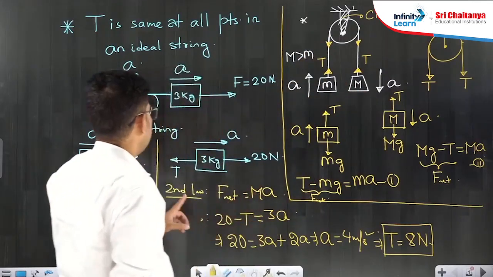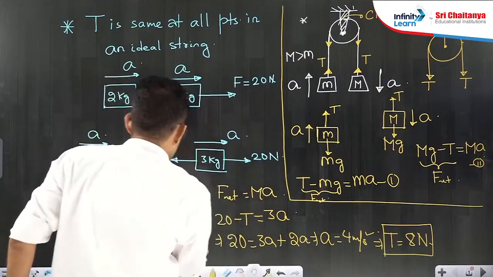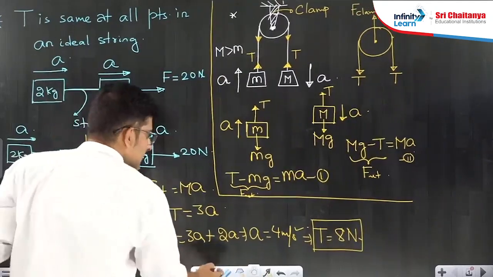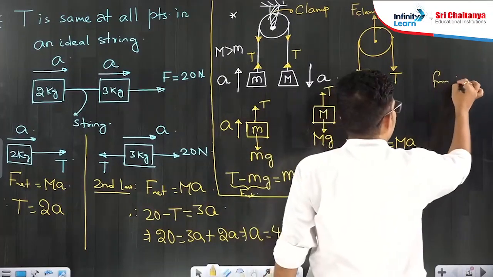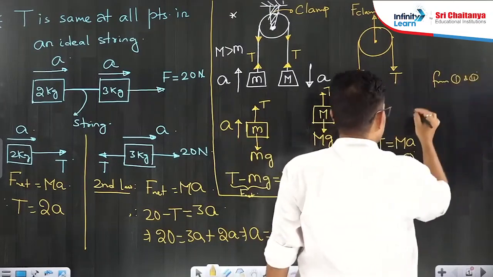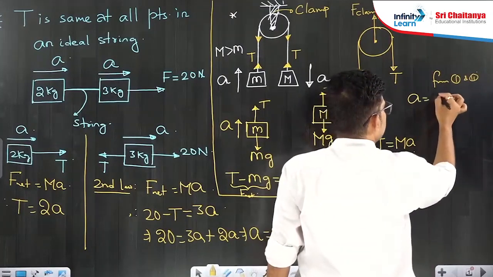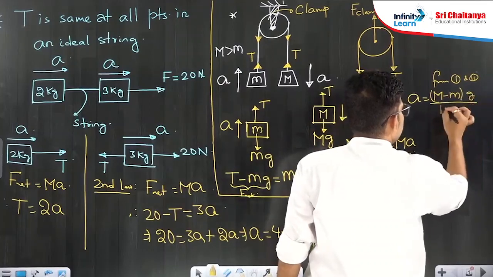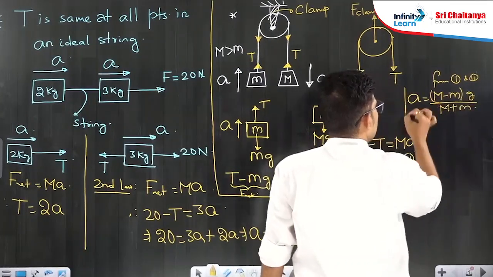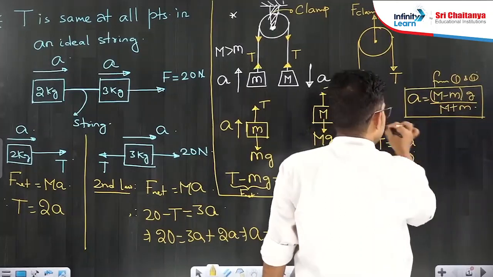And as far as the values are concerned, the tension and acceleration, you very well know we can solve from the first and second equations. When you solve, you will get acceleration as (M minus m) into g by (M plus m). You know very well how to solve simultaneous equations.